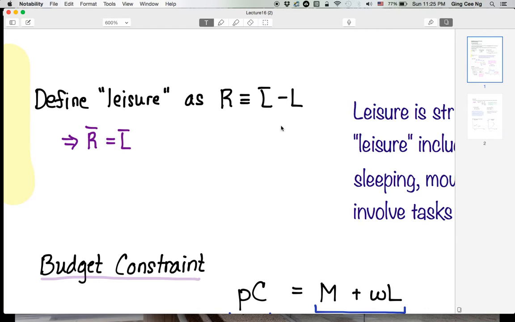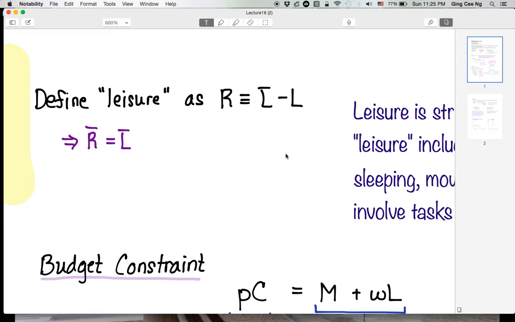If, on the other hand, L bar were something like 7, because let's say your time endowment is now measured in terms of days, then let's say you work 4.8 days out of 7 days, which is your time endowment, L bar.